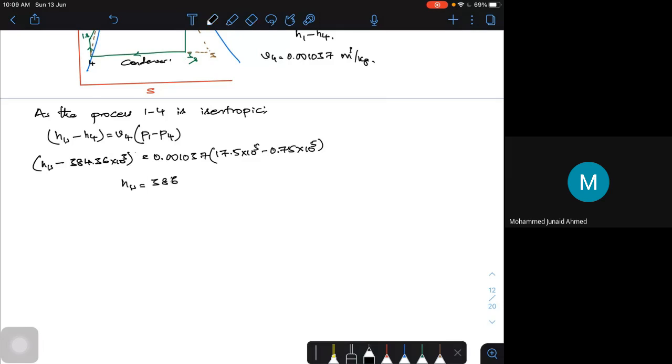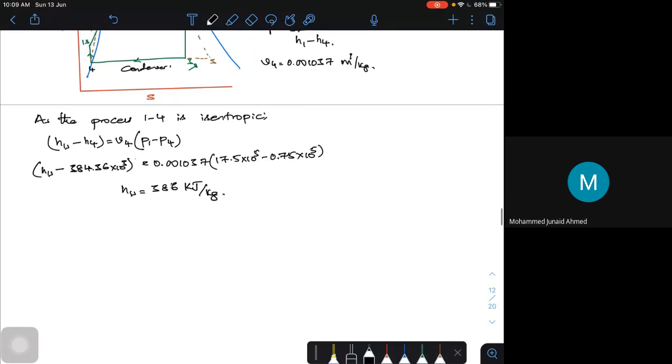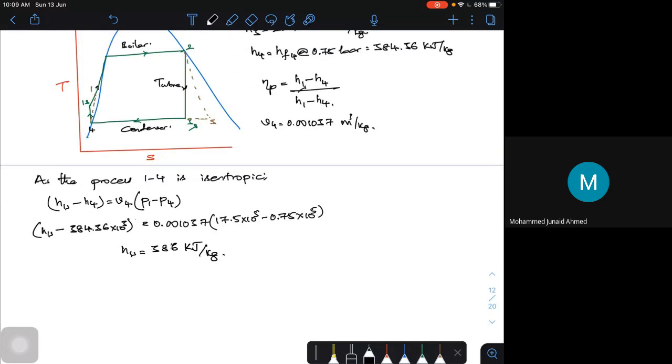It should be slightly above 384, about 386 kilojoules. If you look at the corresponding TS diagram, the enthalpy change can go up to around 10 at maximum, it can't be greater than that. Okay, 386 is acceptable, so H1S is equal to 386.